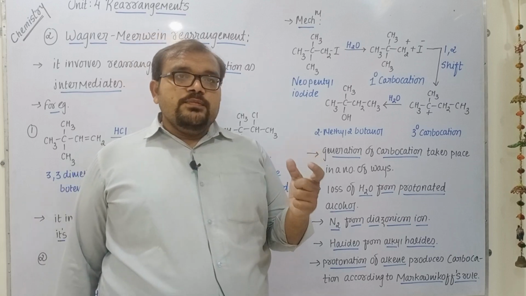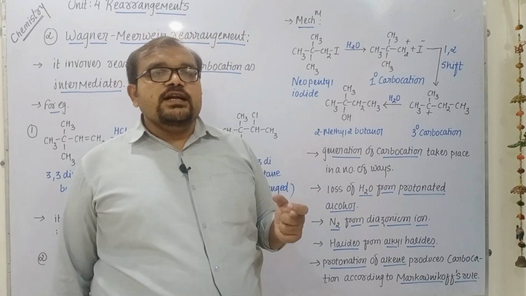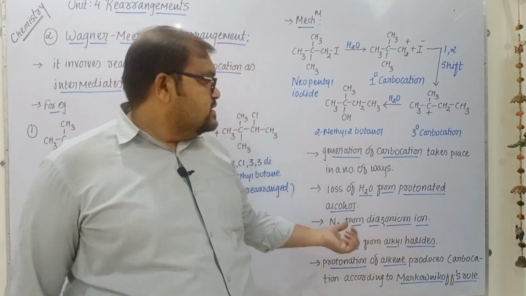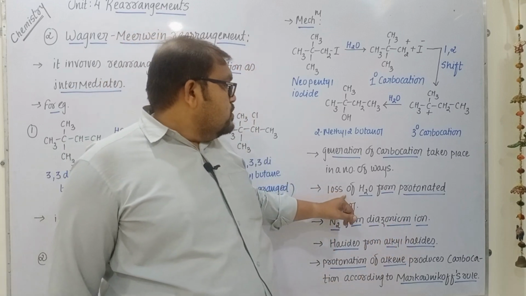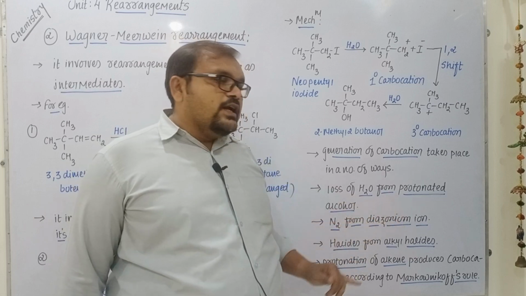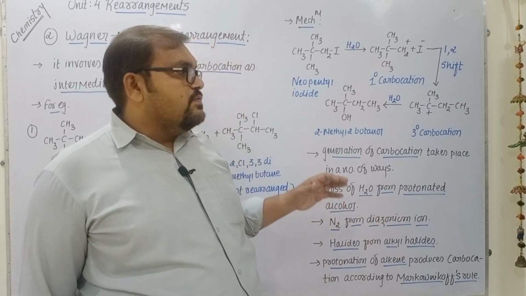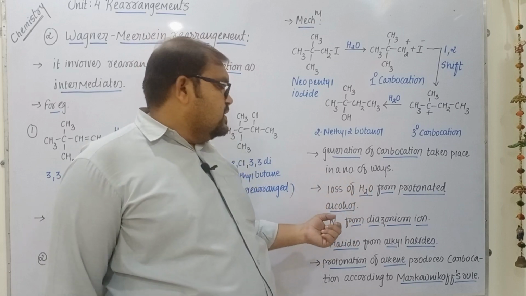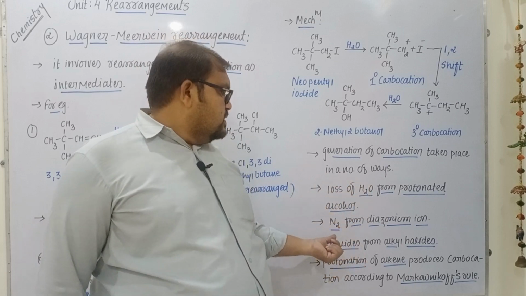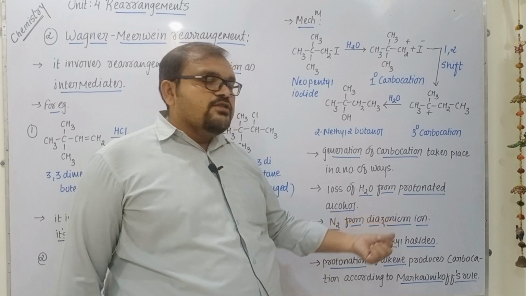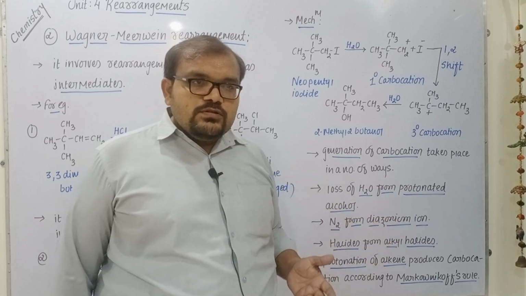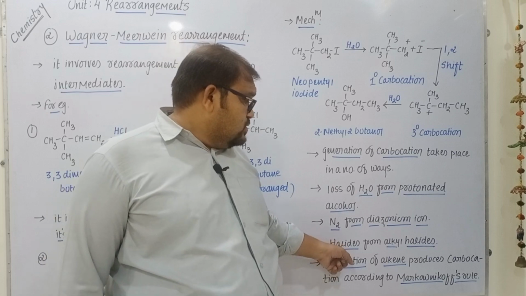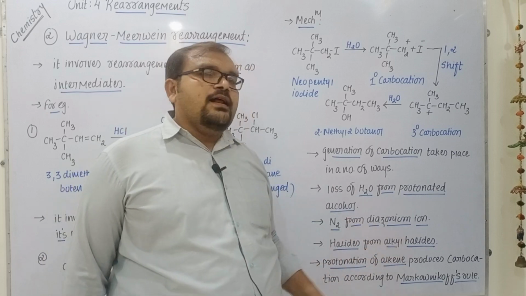Now friends, generation of a carbocation involves the formation of a carbocation intermediate. This can be carried out in 3 or 4 ways, as we can see here. First, loss of H2O from a protonated alcohol. Then, loss of nitrogen from a diazonium ion also gives a carbocation intermediate. Again, loss of halide from an alkyl halide.